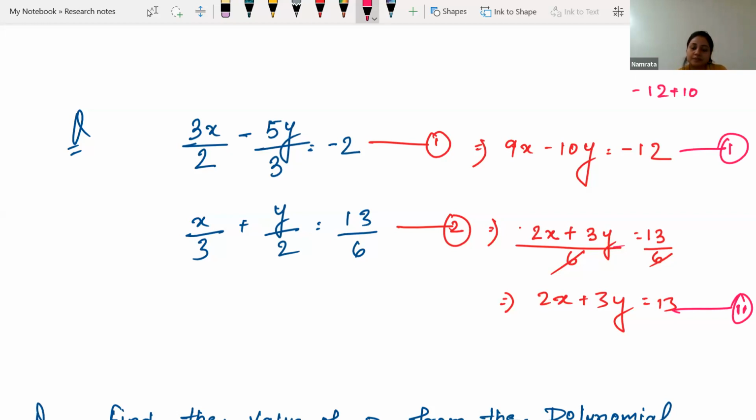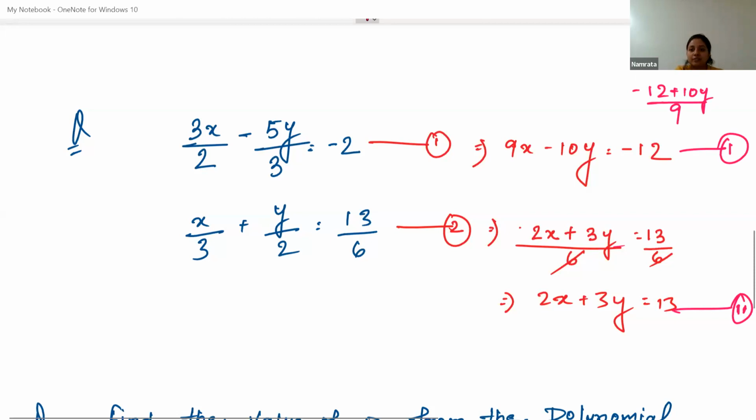Yes, perfect. We can substitute it in equation number 2, right? Yes, do it and tell me what you are getting as the y value. Yes, I'm doing.